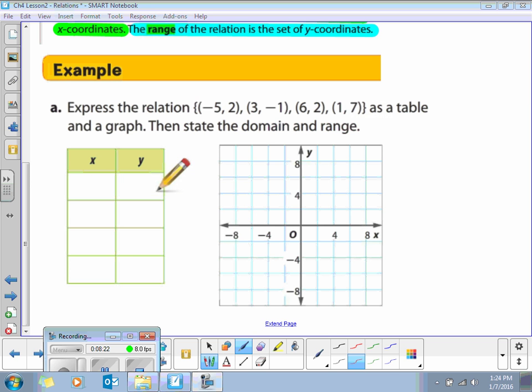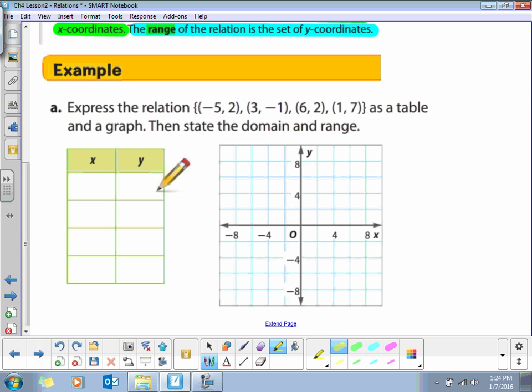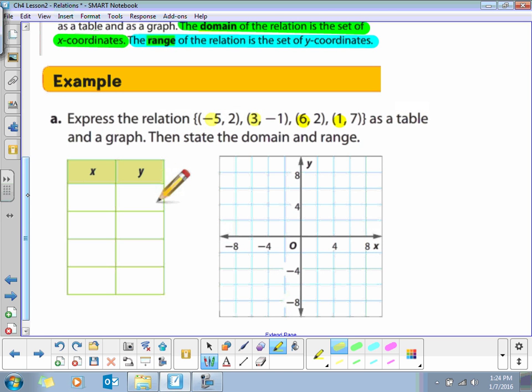So for all of my x values, -5, 3, 6, and 1. Those are going to go on my table: -5, 3, 6, and 1. See that?